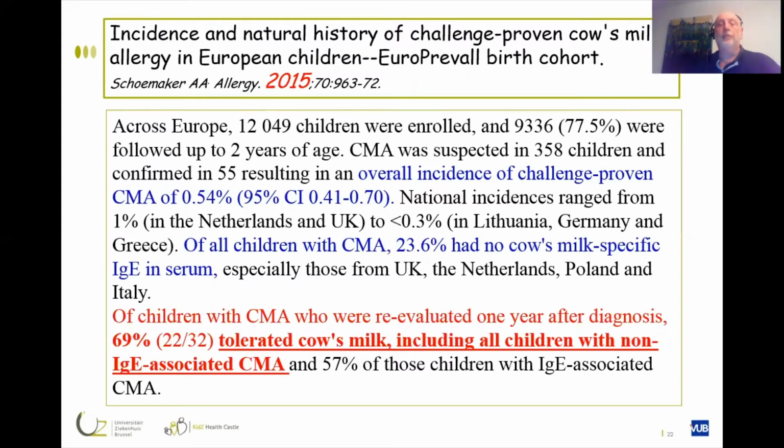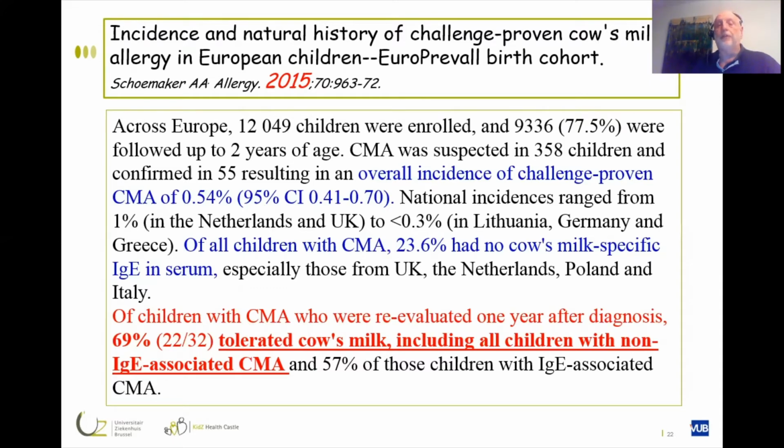So according to the region, the incidence seemed to differ. But of all the children with cow's milk allergy, 23.6%, so 25%, had no cow's milk specific IgE in the serum. So according to these data, non-IgE mediated allergy occurs in 25% of the population.